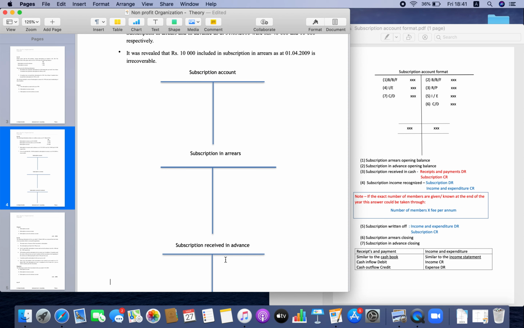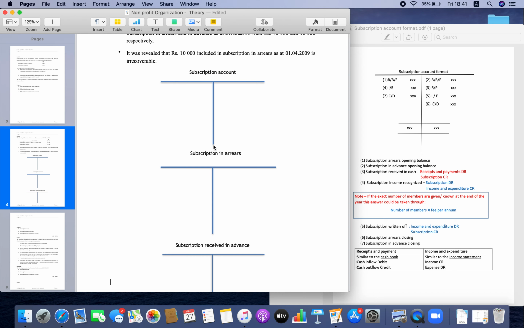Now before we start off this question, you don't have to complicate your work. It's pretty straightforward. Let's say in the subscription account, subscription arrears opening balance will come on the debit. Then the same transaction should be copied in the arrears account on the debit side. If the opening arrears balance is coming on the debit side, on the same side it will come in the subscription account as well.